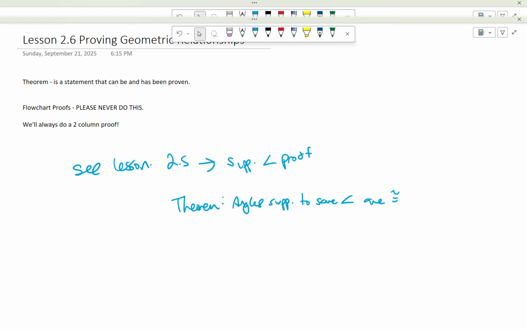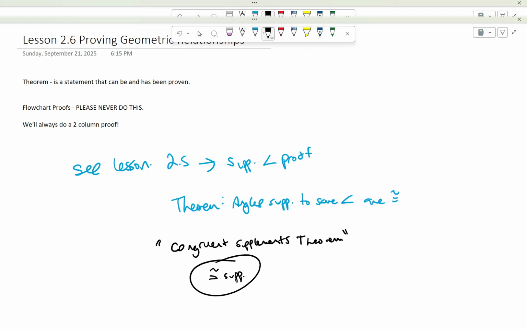And this has a name. This one's name is the congruent supplements theorem. We talked about this in class too. You guys, of course, can just write congruent supplements, just like that, okay? And that is satisfactory for me.